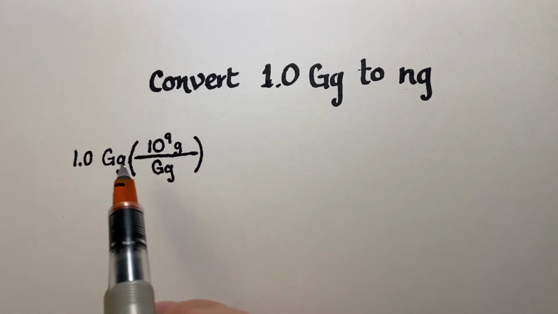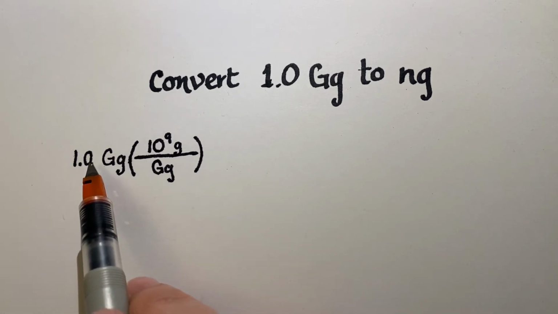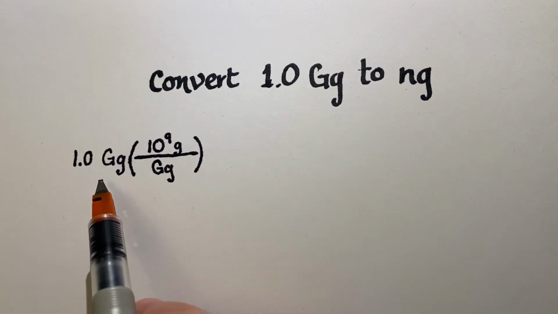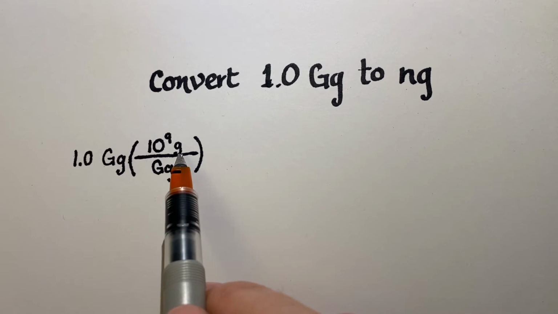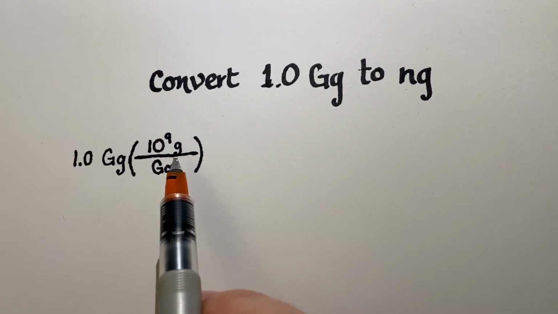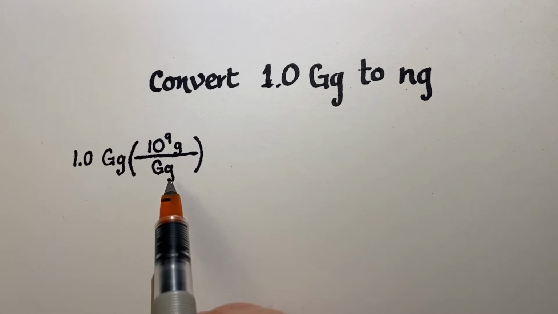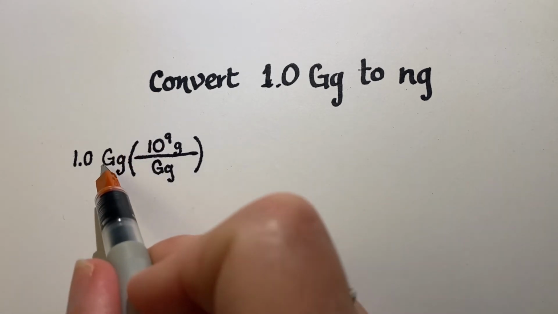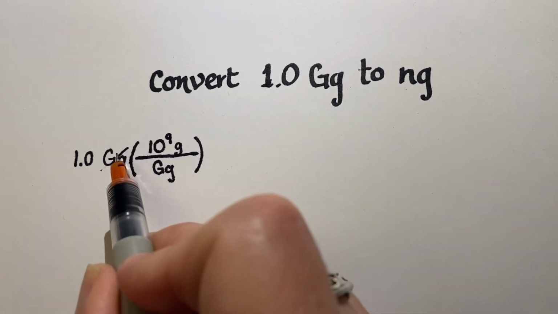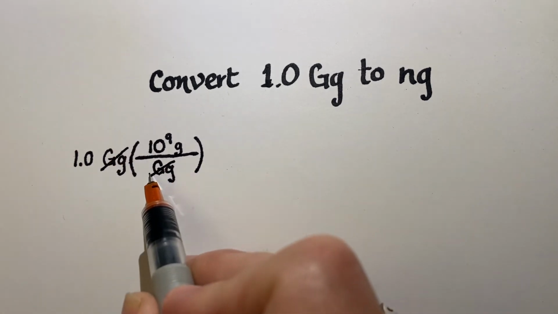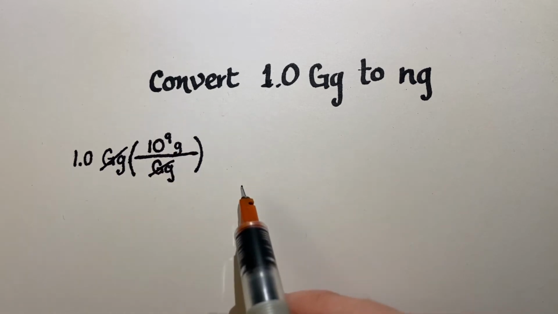So that's what allows you to multiply whatever you have here by this ratio, and it allows you to switch units. So far, because gigagrams cancels out, we are now in units of grams.